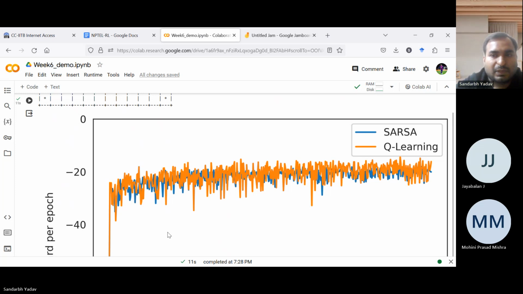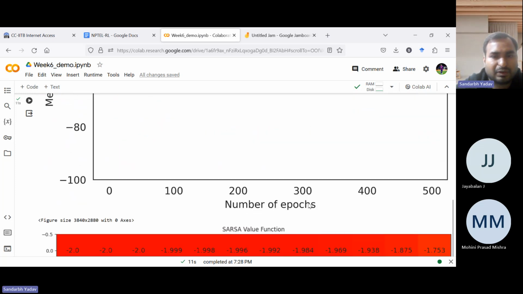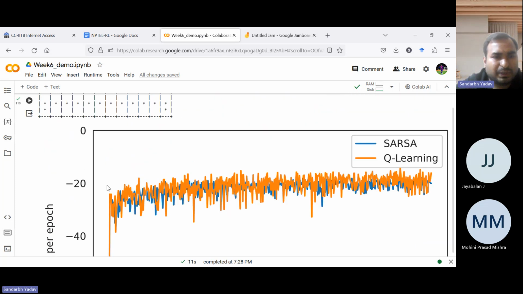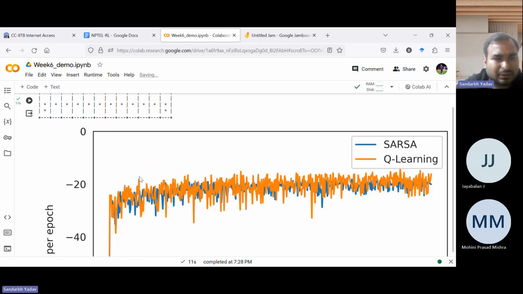So this is the average reward over the number of epochs. You can see that it is taking around 20 steps, but it should be taking how many, like 12. On average it's flipping around. Maybe sometimes it's taking 16 here, sometimes around 20.